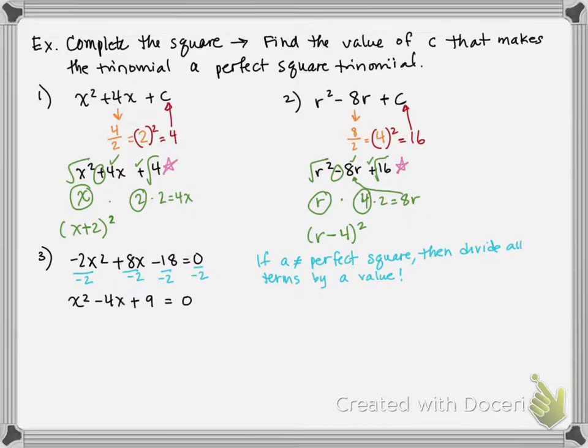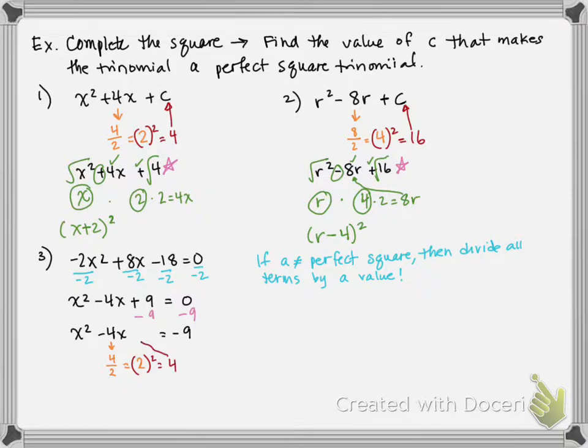Okay, so now we follow all the steps from the first page. I'm going to subtract 9 from both sides. That gives me x squared minus 4x equals -9. Then I'm going to take the linear coefficient. I don't worry about signs. I'm going to cut it in half, and then I'm going to square it.